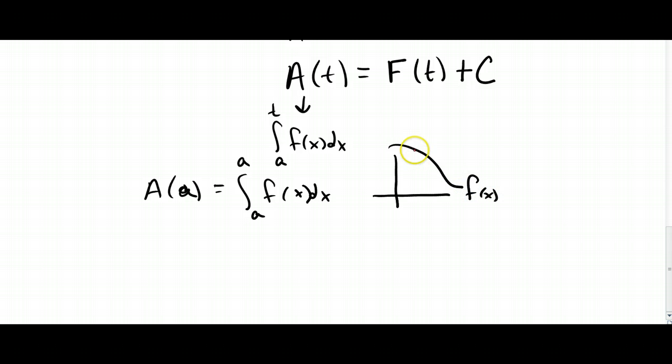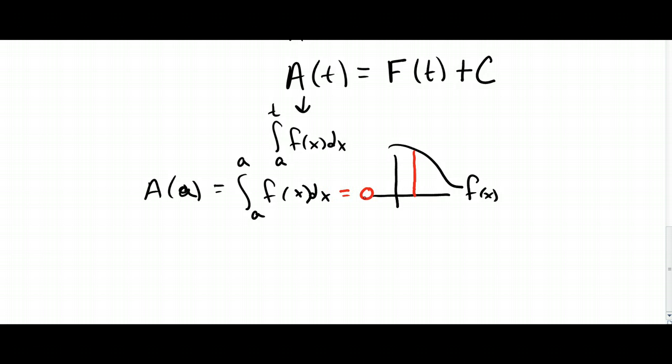and saying, okay, if I add together all the rectangles from A to A, if I add all those areas together, what am I going to get? Well, obviously when I go from A to A, the base is 0. There are no rectangles. The area underneath a single point is 0.